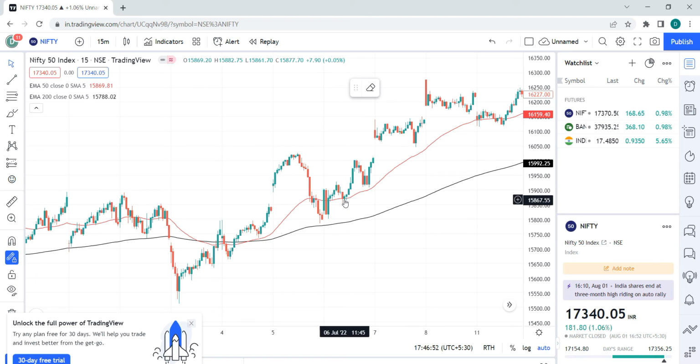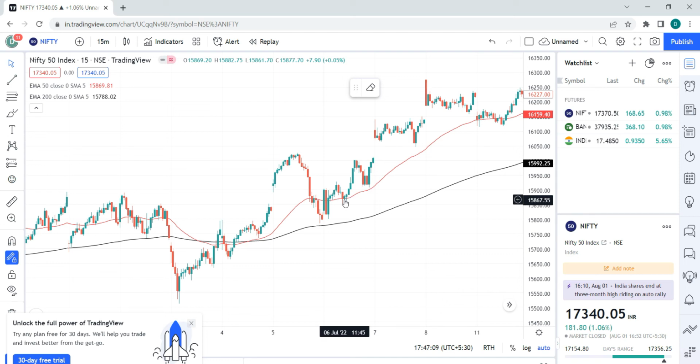Okay, so as I said, it gives you support and resistance, it gives you trading signals, and you will also be able to place stop losses based on this. So this is how you can take a call on that.